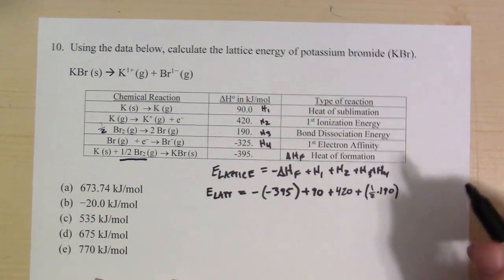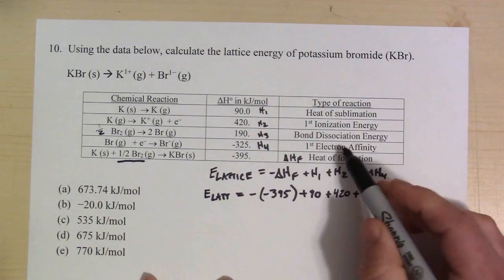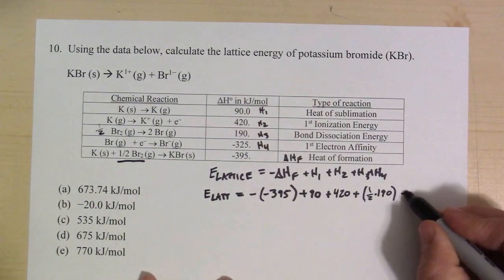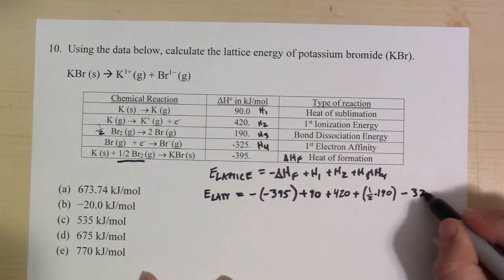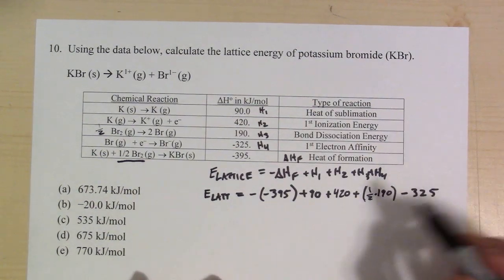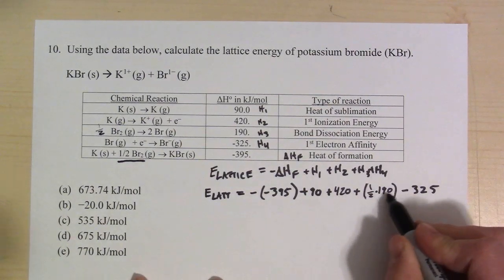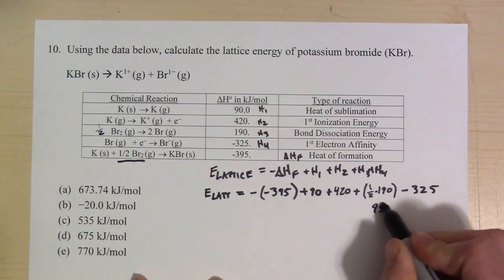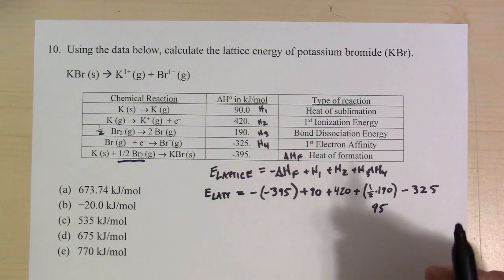It's 1/2 times 190, and then add the electron affinity, which is also a negative number. If we solve for 190 divided by 2, we get 95.